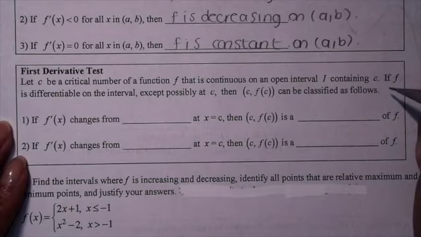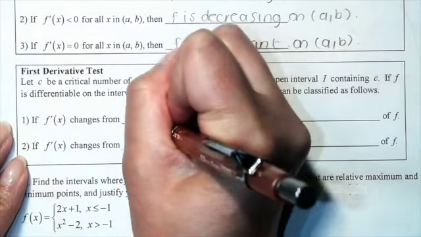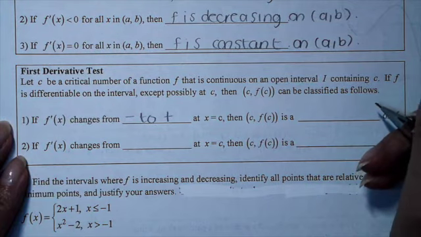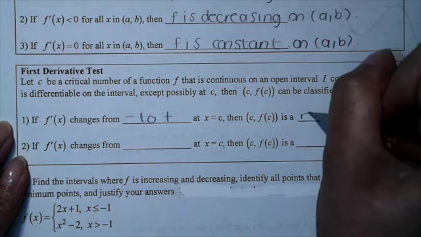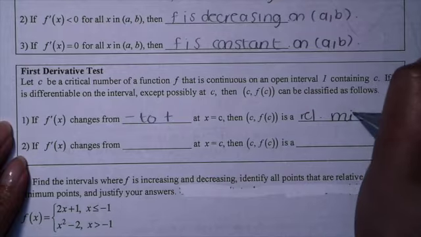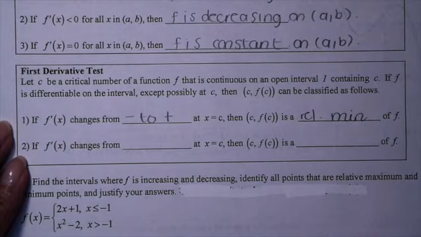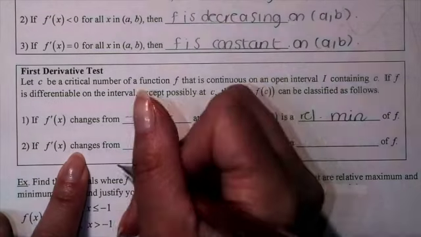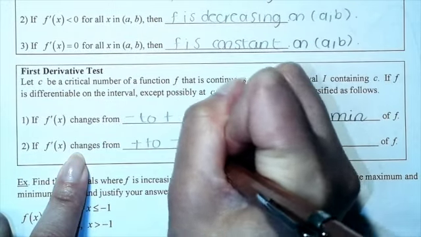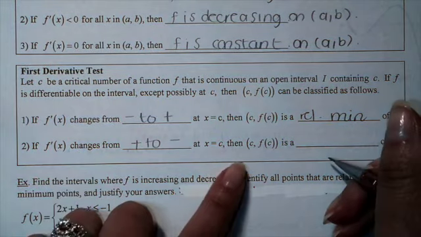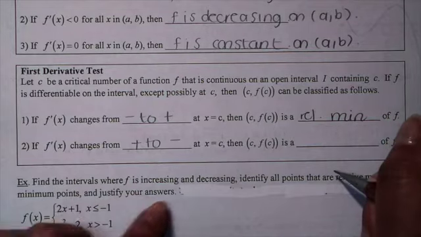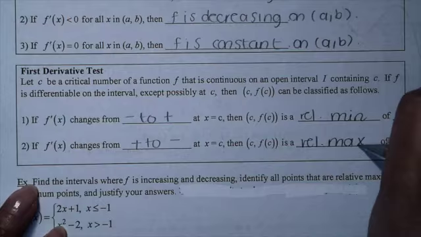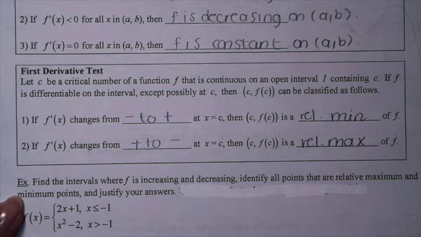If f prime of x changes from negative to positive at x equals c, then c, f of c is going to be a relative minimum of the function f. Similarly, if f prime of x changes from positive to negative at x equals c, then the point c, f of c is going to be a relative maximum of the function f.